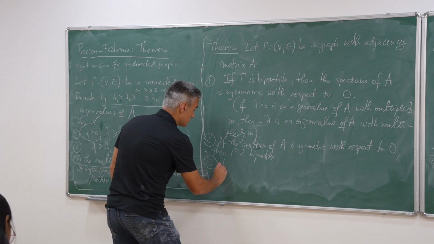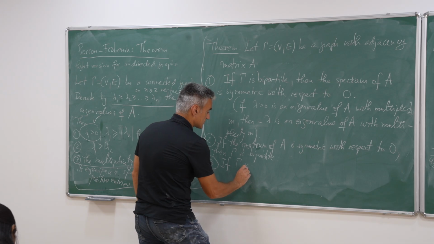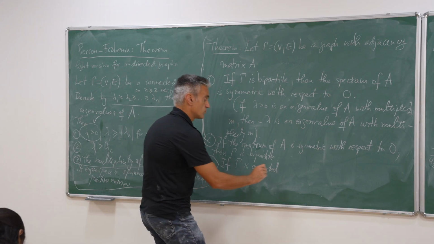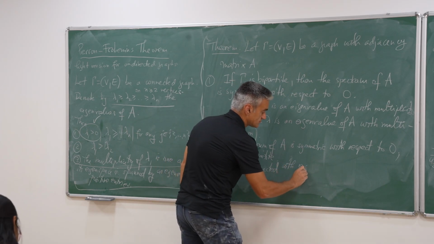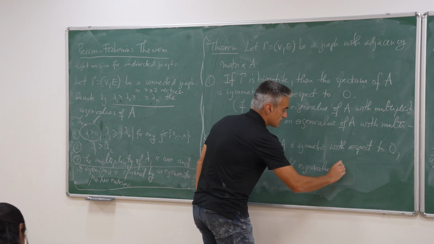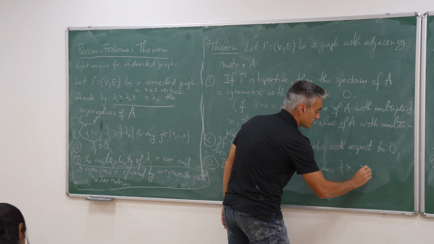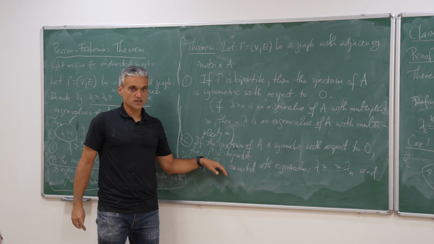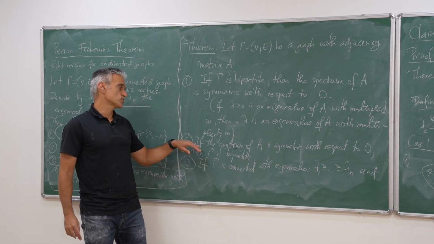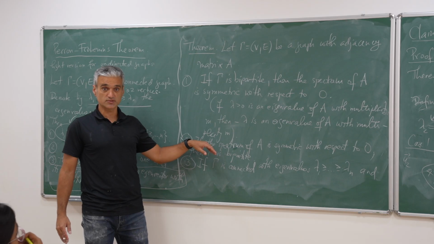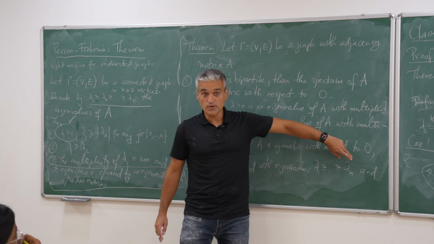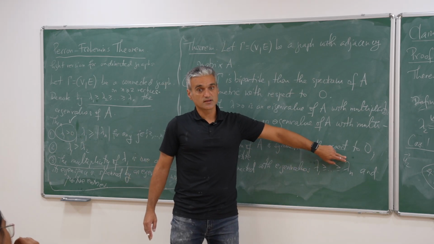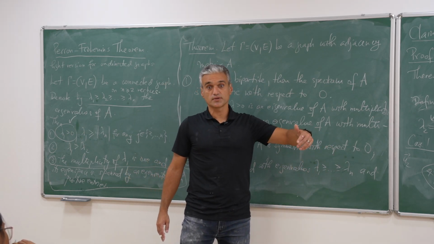So if gamma is connected with eigenvalues lambda 1 greater or equal to ... greater or equal to lambda n, then in the case that gamma is connected, to guarantee bipartite, I don't need this strong hypothesis that all the spectrum is symmetric with respect to 0. I just need the condition about lambda 1 and lambda n. So earlier, what did we see? We saw that lambda 1 beats lambda n in absolute value, so it's going to be greater or equal than minus lambda n.